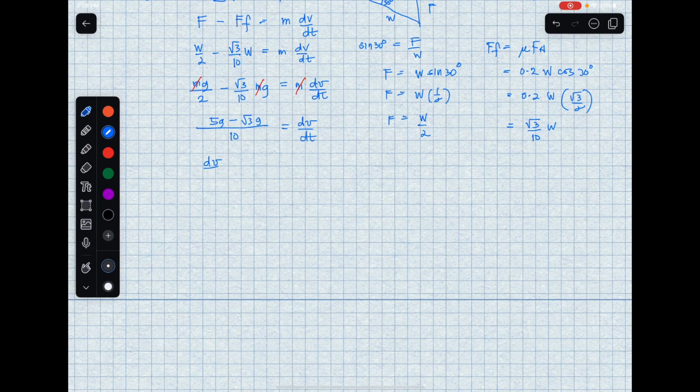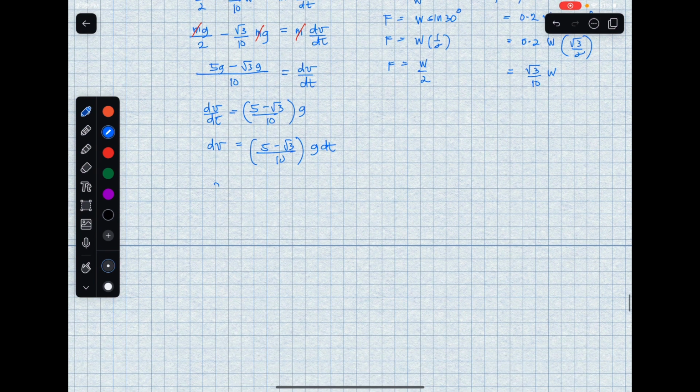So dv over dt will be equal to, factoring out g, 5 minus square root of 3 over 10, multiplied by g. This is a separable equation, so dv equals 5 minus square root of 3 over 10 g dt. Finally, v will be equal to 5 minus square root of 3 over 10 gt plus c.